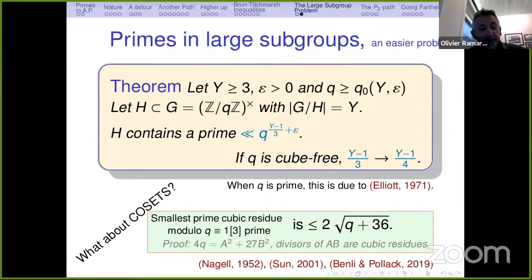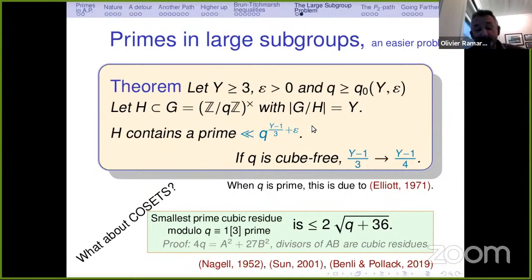The work of Elliott was only for q being a prime, and needed some tending to force up the proof. And also it was not for a subgroup, it was only for kth powers. Anyway, if y is 11, for instance, the next case after y equal to 5 is y equal to 8 and then y equal to 11.